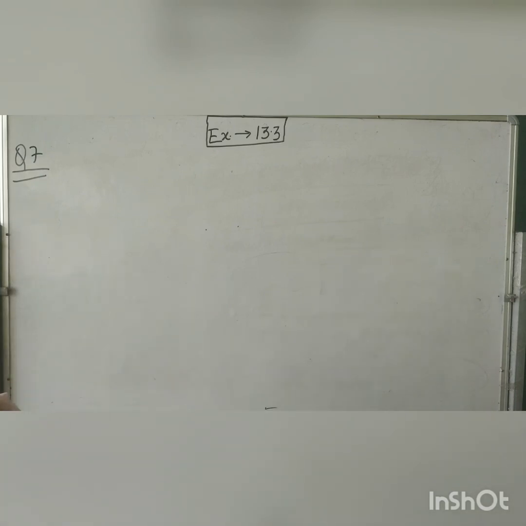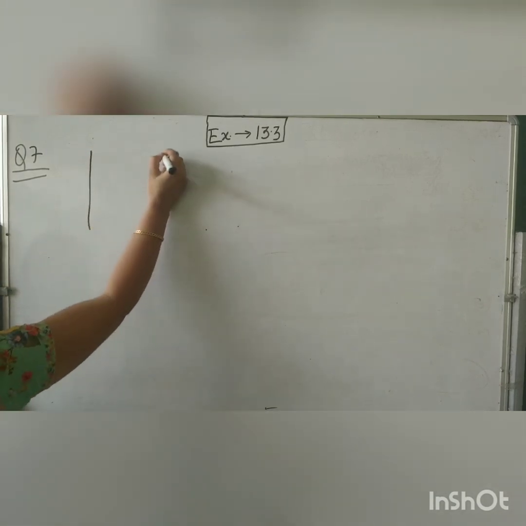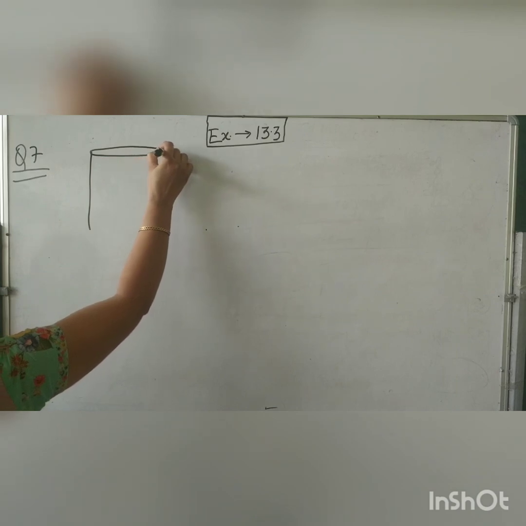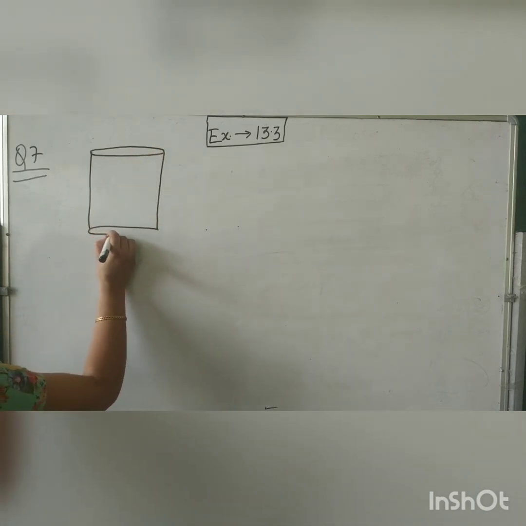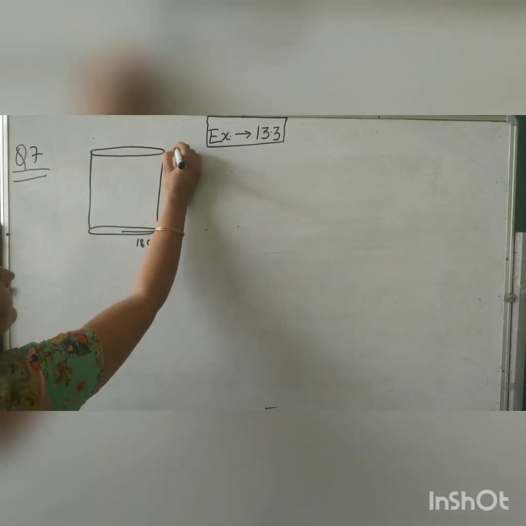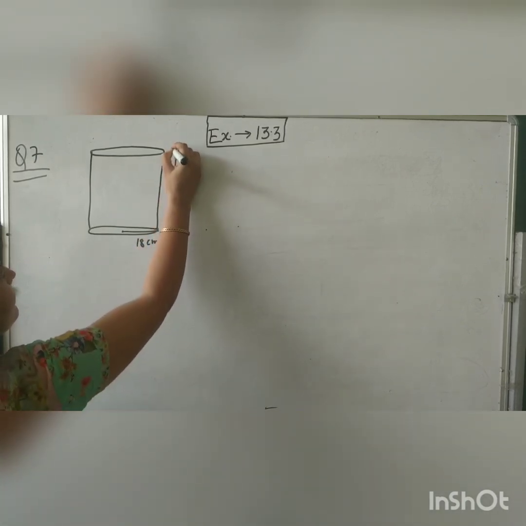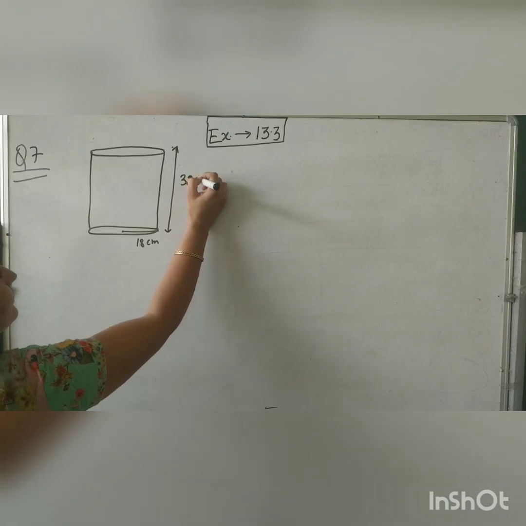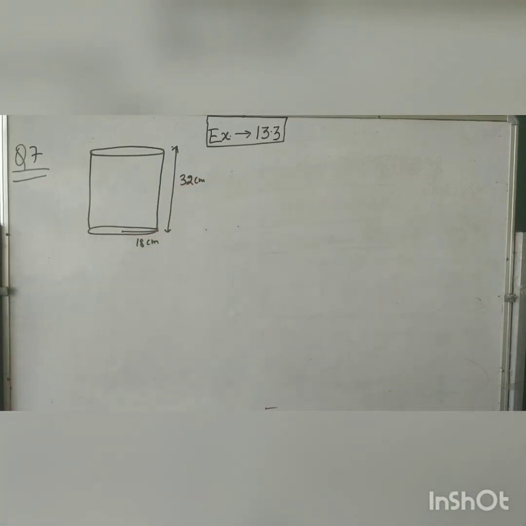A cylindrical bucket 32 cm high and with the radius of base 18 cm is given, right?